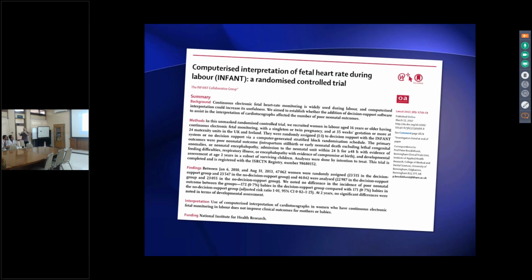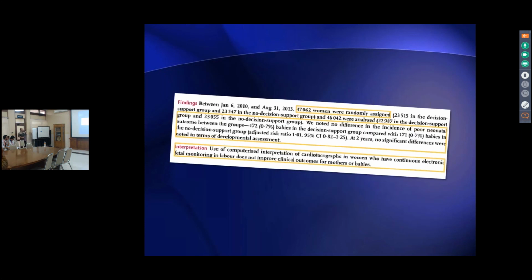47,000 women. And they randomized half of those women to receive care in which there was an expert system, so computerized interpretation or alert system, compared with traditional CTG to see what difference in outcome it made. And this is the conclusion. We noted no difference in the incidence of poor neonatal outcome between the groups.